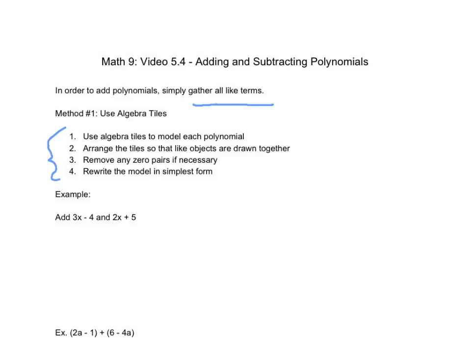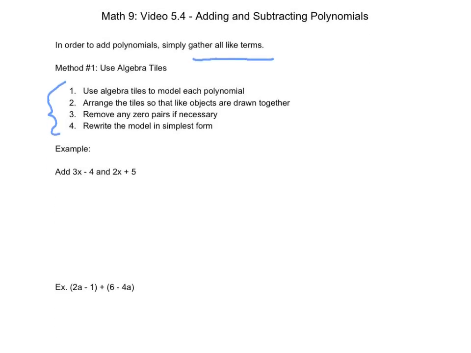So, first one is to use Algebra Tiles to model each polynomial. To go to an example, we're going to add 3x minus 4 and 2x plus 5. So we draw out our Algebra Tiles for each of those. So 3x minus 4 is represented by, actually I think we were doing a different color for our x's.